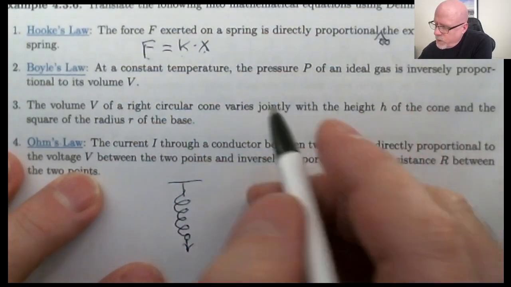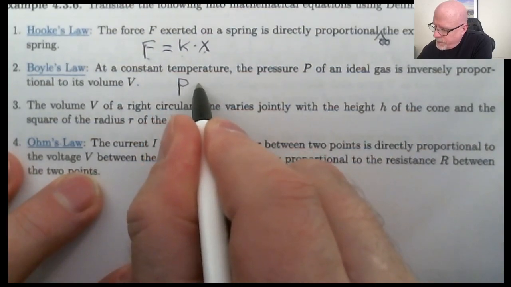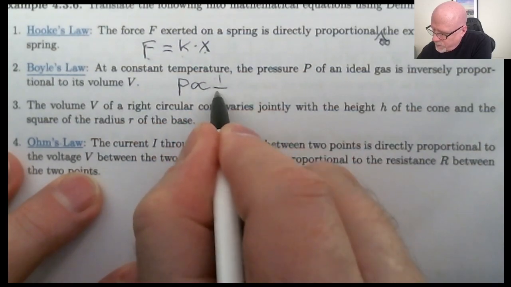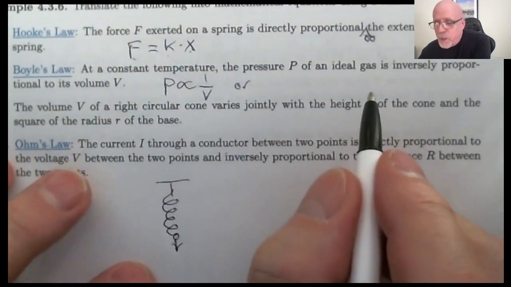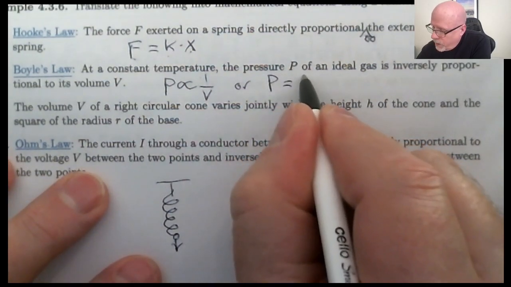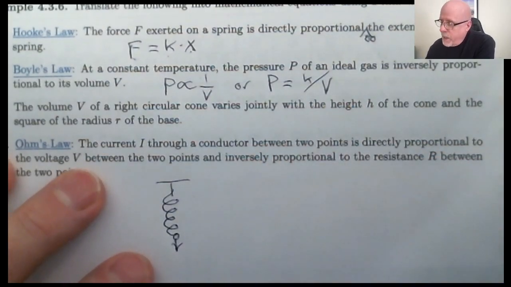So writing this one as a physical law, it's the pressure. I could say this is proportional to 1 over V, or that would be how Boyle probably would have expressed it. In modern stuff, we would say P is equal to a constant divided by V. And now that constant has to do with the physics of the gas you're using.